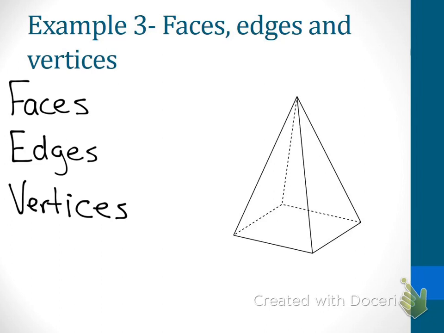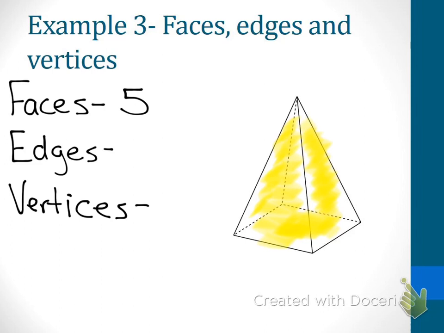There are 1, 2, 3, 4, 5. Yep, there's 5. Why? Because from each side of the base there extends a side, and then there's the bottom. So there are 5 faces.